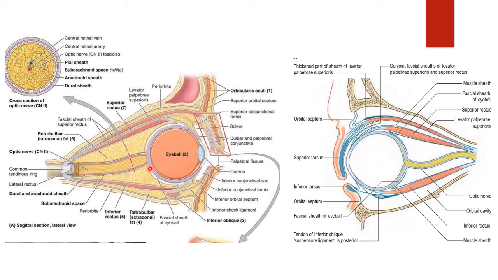The ciliary nerves and vessels pierce this sheath to enter the eyeball. Similarly, all the extraocular muscles perforate the sheath to get attached to the sclera. This sheath provides a socket for the eyeball and supports it.